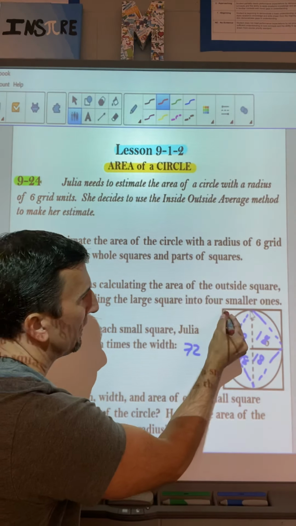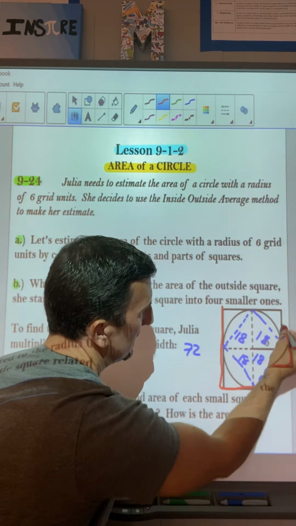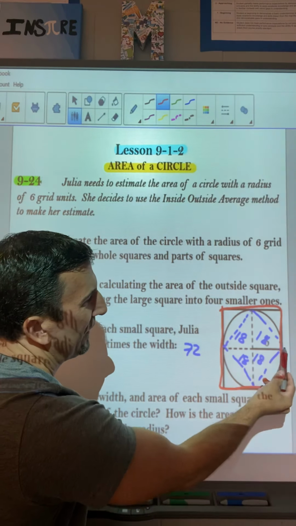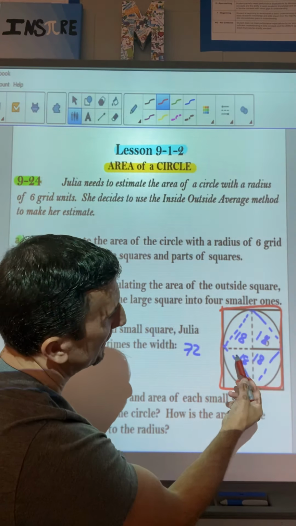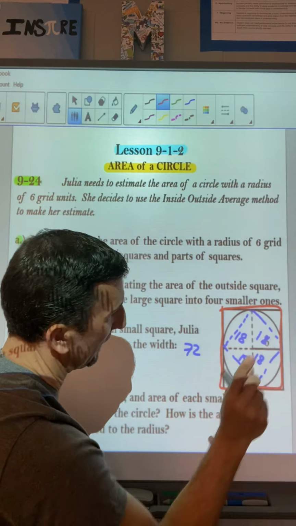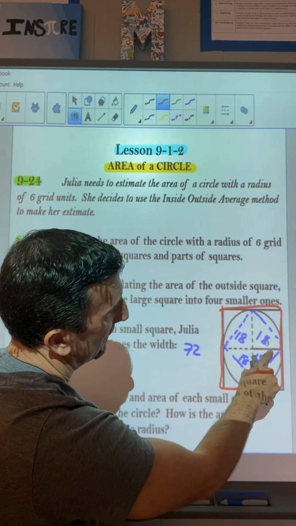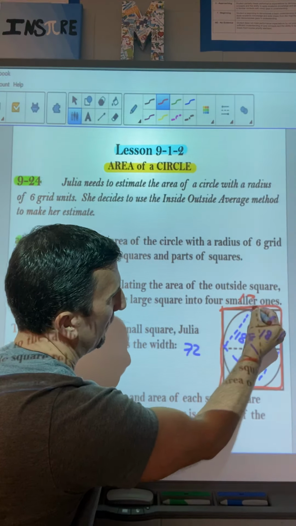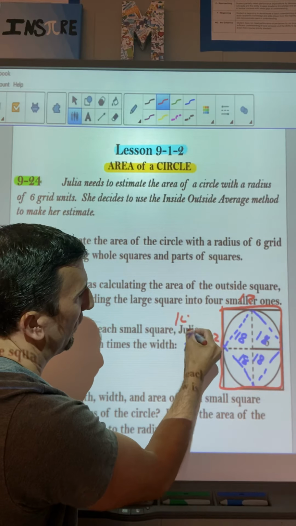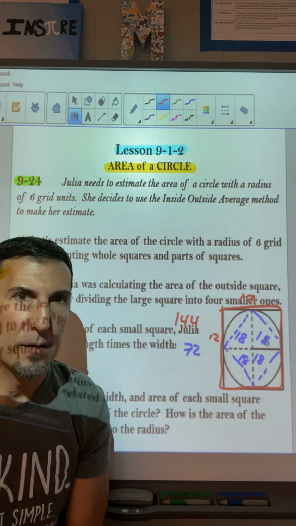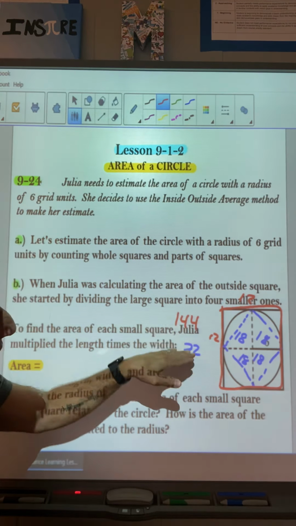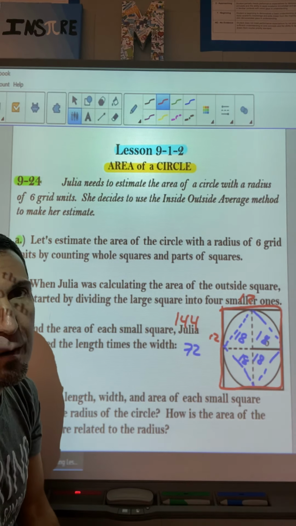If I want the outside in red, if this is 8 and this is 8, 6 and 6, this is 12 and this is 12, I have 144 for the big one. So I need halfway in between 72 and 144.